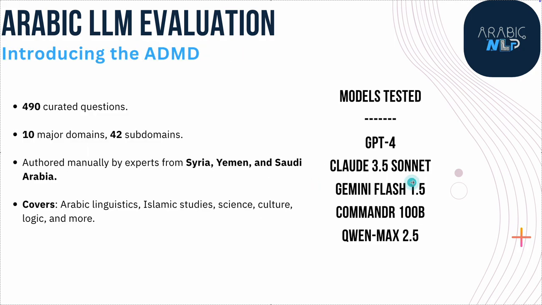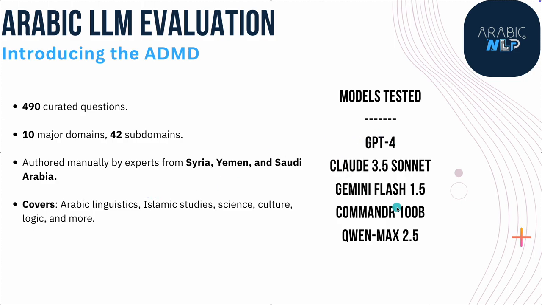And then we introduce ADMD, the Arabic Depth Mini Dataset. As I mentioned, it contains 490 handcrafted questions coming from 10 major domains and 42 subdomains, from linguistics and Islamic studies to culture, philosophy, and computational sciences. Each question was written by experts from different countries and also covered different topics.